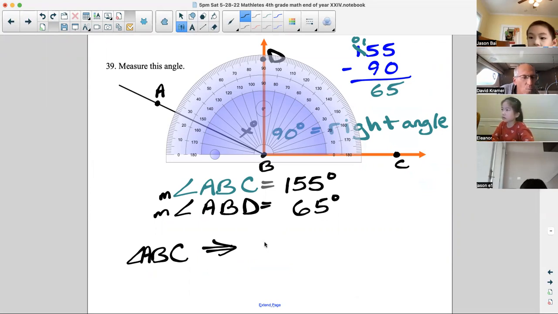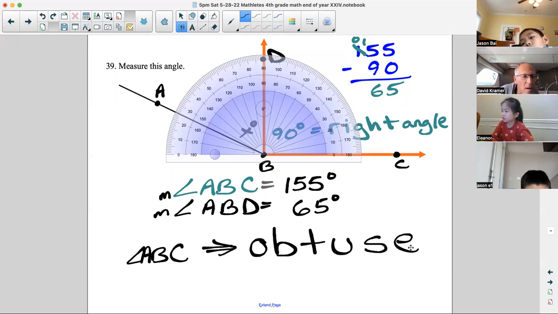Okay, honey, maybe you can sound out the word. Obtuse. Try it. Obtuse. Now, guys, everybody say obtuse, obtuse, obtuse.